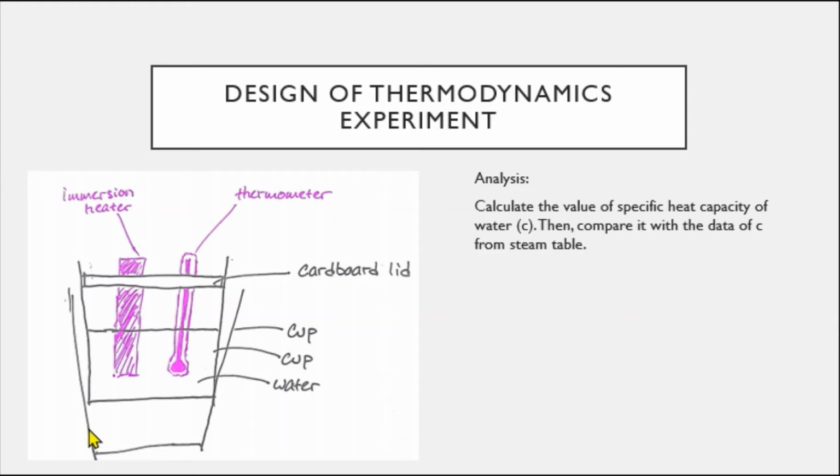Then the big styrofoam box will also be closed with a styrofoam cap to make the system isolated. And the analysis is to calculate the value of specific heat capacity of water, C, and then compare the value with the data of C from the steam table.